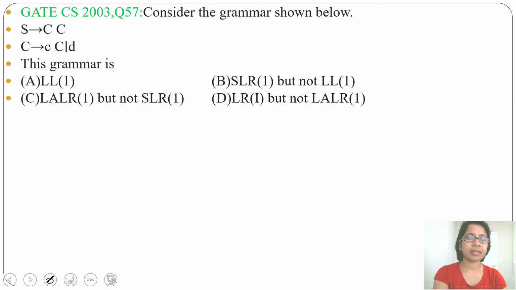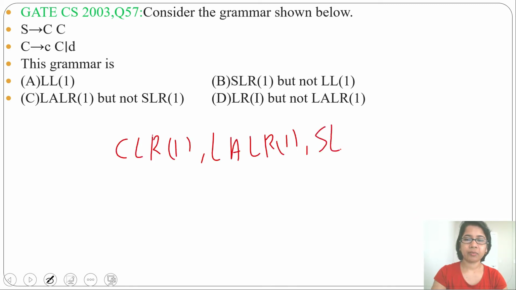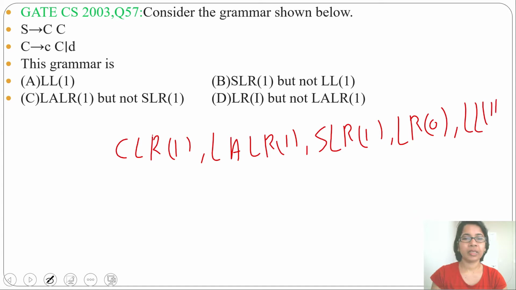I already discussed the same example for CLR1 and LALR1 and I found this grammar is CLR1. This grammar being CLR1 means it is LALR1, it is SLR1, and it is also LL1. Option A, it is LL1, yes.